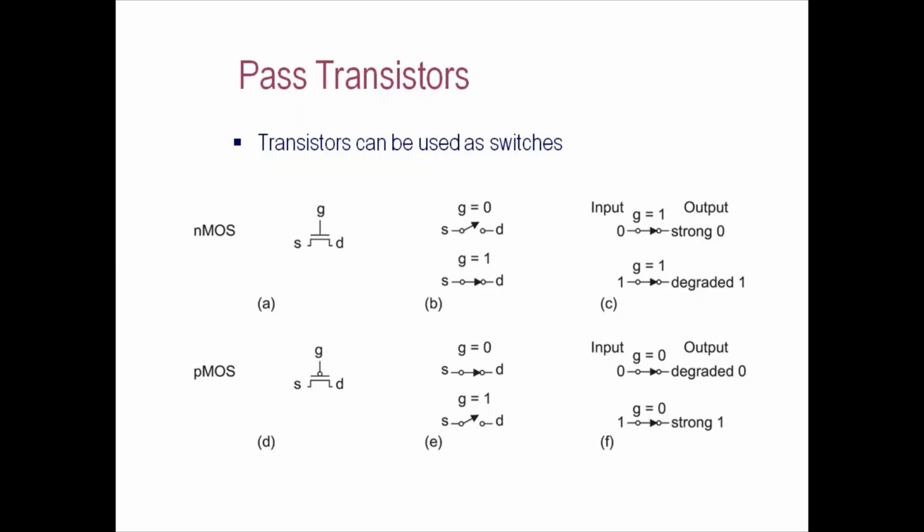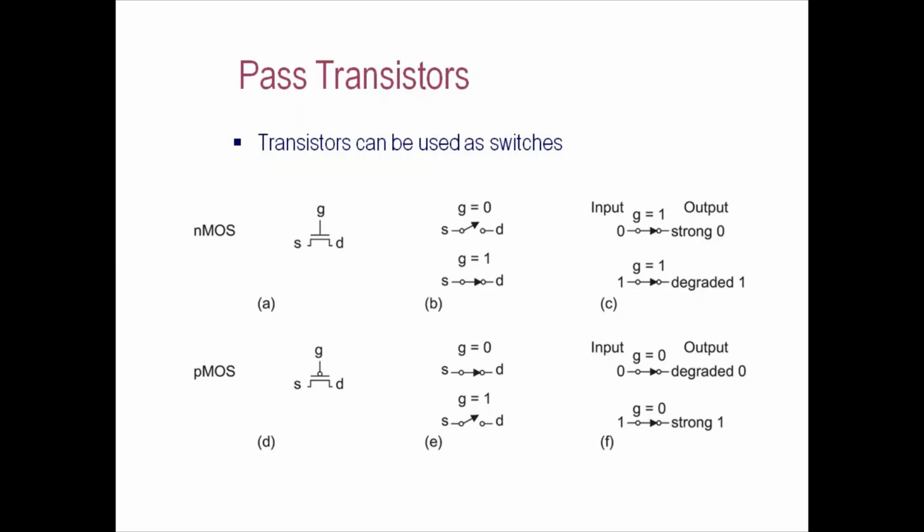So MOSFETs were a revolution in the semiconductor industry. These can be used as switches, and they can be NMOS or PMOS. Though typically when I talk about pass transistor logic, it refers to NMOS, because NMOS are preferred because of the higher mobility of electrons, giving them faster operation over the PMOS counterpart.